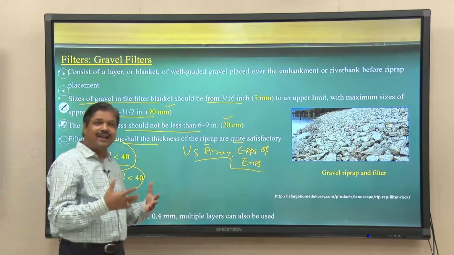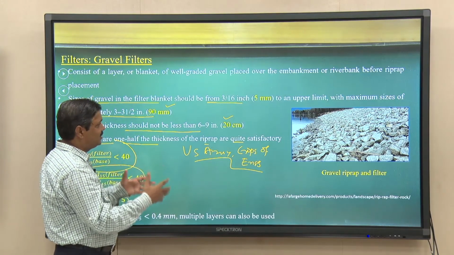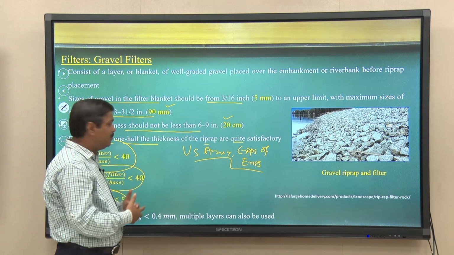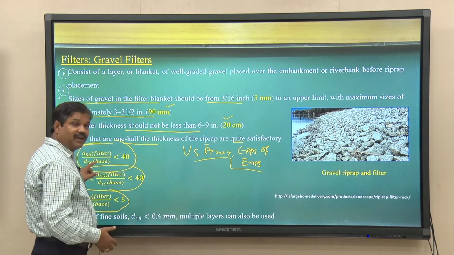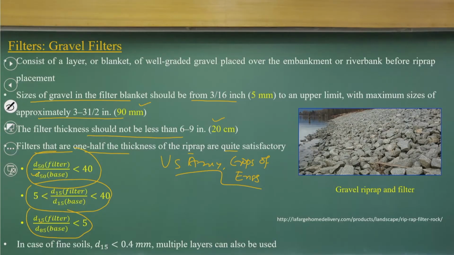So, if you look at that, as we know what the best materials could be, you can geotechnically test it and get the particle size distribution curve. From that we can find D50, D15 and D85, and based on these criteria we can find what D50 and D15 should be for the filter.